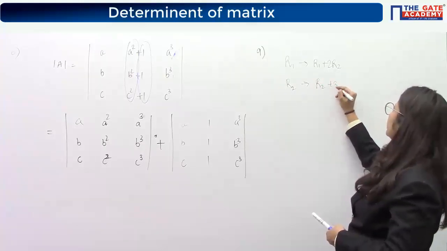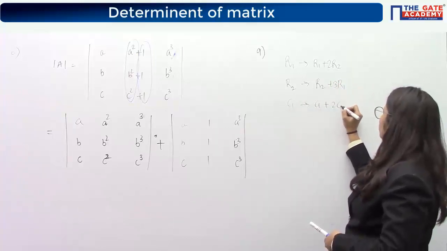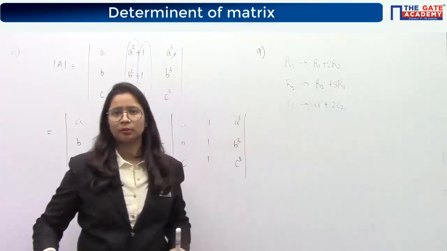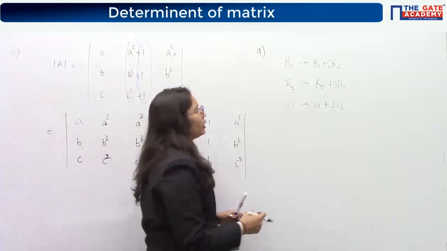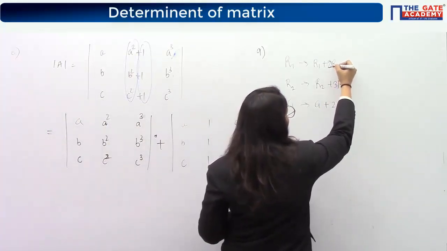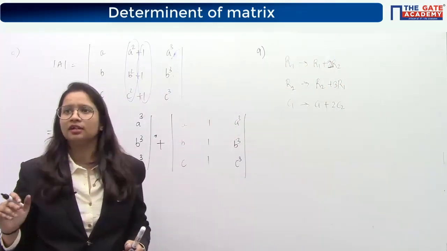So some operations like this are always valid, and always valid means they do not change your determinant value. So this is what this property is talking about: if you add equi-multiples of row 2 to row 1, then the determinant value will still remain the same.